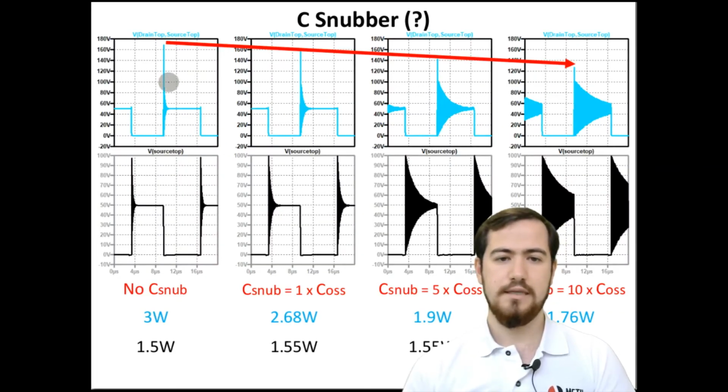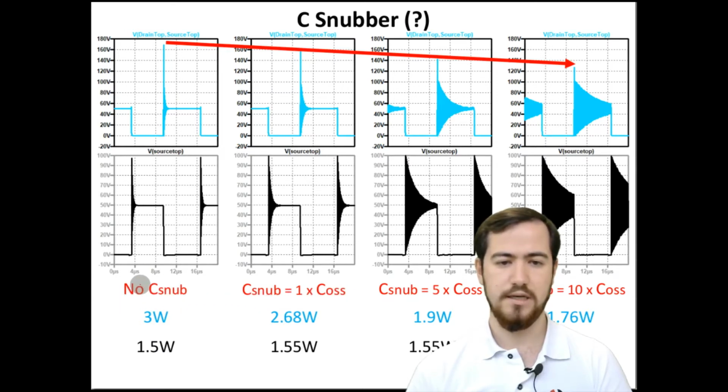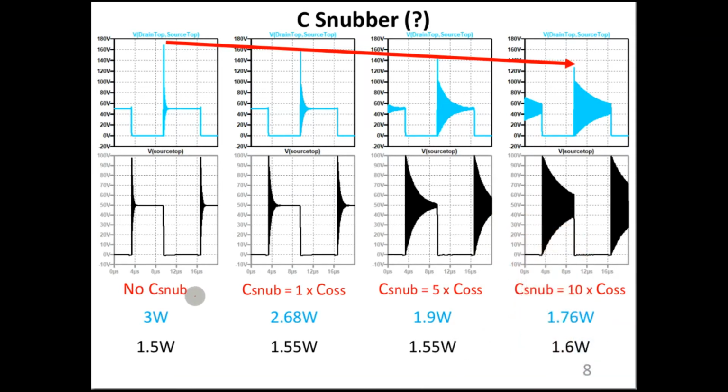Let's talk about what we increased here. In the first case, we are not using any external snubber. In the second case, we connected a snubber capacitor equal to 1 COSS.